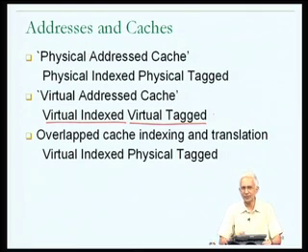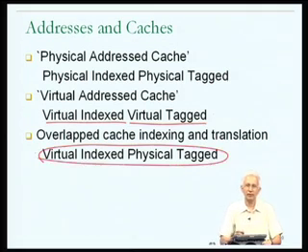Now, as it happens, the third option, the virtual index physical tag cache, is what is used in the vast majority of processors today for the level 1 caches. Remember that in processors today, we expect to find both level 1 caches, which are relatively small but extremely fast, backed up by level 2 and maybe level 3 and level 4 caches, which will be larger but slower.